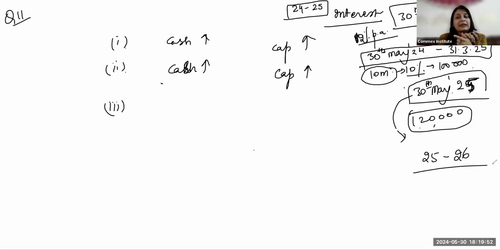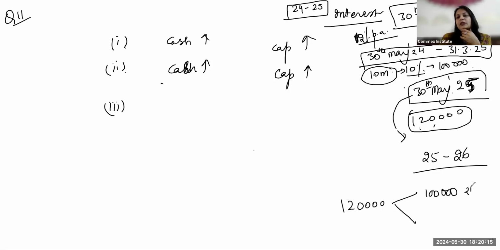He has paid me this interest in which year? 25-26, because he paid me the interest on 30th May 25. 30th May 25 will fall in the year 25-26 when you'll be in class 12. But I know that out of this total income of 1,20,000, 1 lakh pertains to which year?